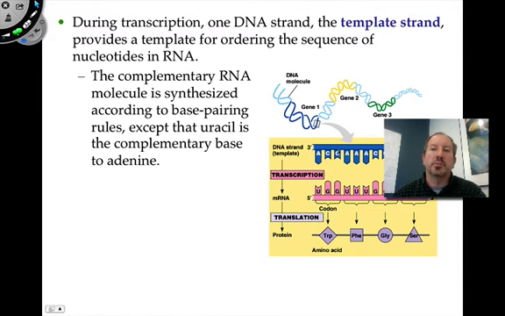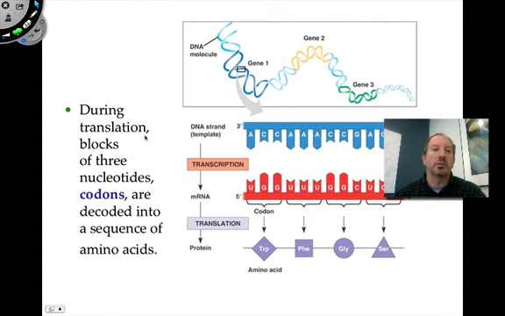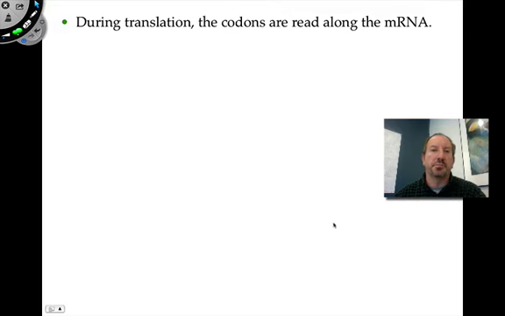So during transcription, in other words, the making of RNA, messenger RNA is transcribed from DNA, and so that's what contains the genetic code. The complementary nitrogen base sequence of messenger RNA is the genetic code for making a protein. And so, same sort of picture. Here's the gene in DNA, and then here's the gene in messenger RNA, and then each three are a codon, which make the protein. And so during translation, in blocks of 3, the codons are sequenced into a polypeptide sequence.